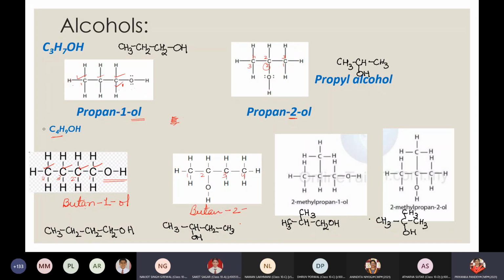Is it correct? Or do we have to write it like this: butane dash 2 dash ol. Which is correct? Dash is correct or comma is correct? Dash, ma'am.